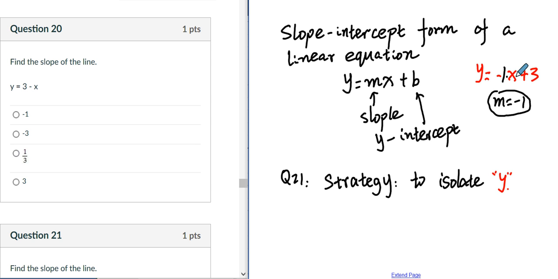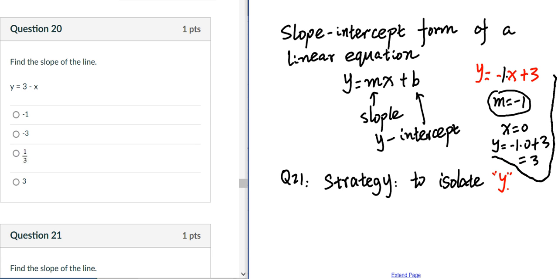You know, on the y-axis, all the coordinates of x are 0. So in this case, if x is 0, then you have y equals negative 1 times 0 plus 3. You then have y is 3.